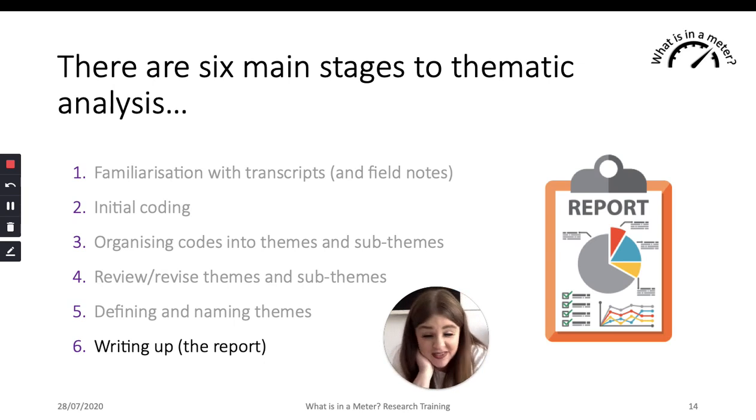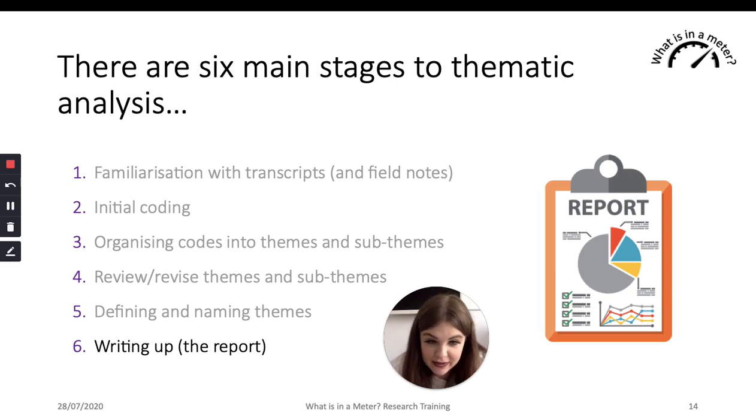And then the final stage of the thematic analysis process that I've included on here is obviously the write-up stage. So this might be the write-up for a report, or for a peer-reviewed article, or for a thesis or dissertation, but whatever it is, it's important for the write-up to be as relevant and as accessible to the target audience as possible, whether it's intended for other academics, policymakers, or even a layperson with no previous experience of research.